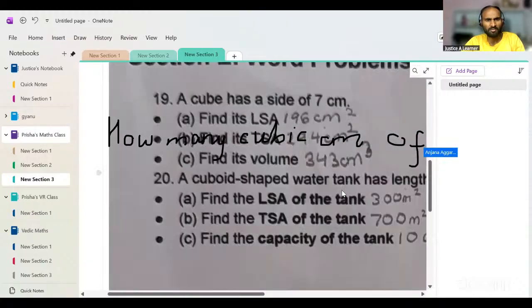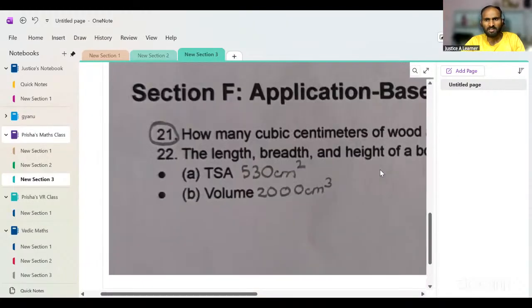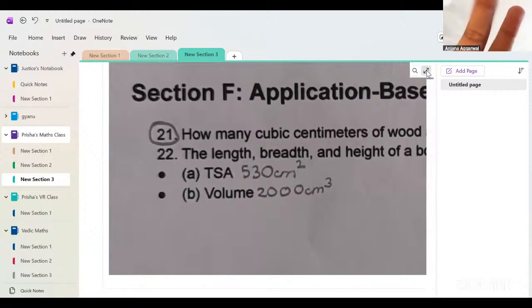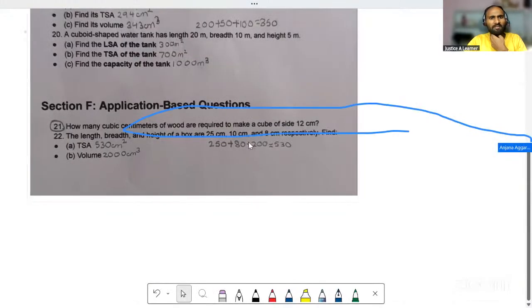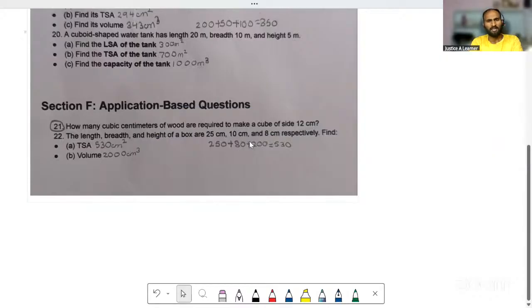Yes, I got this question. Is this the question? Yeah, I circled it. How many cubic centimeters of wood are required to make a cube of side 12 centimeter?